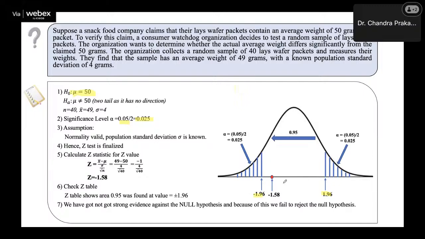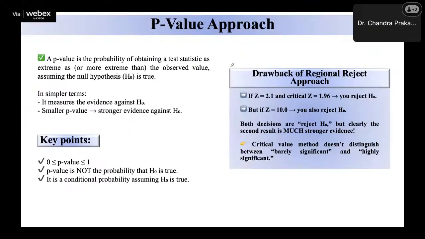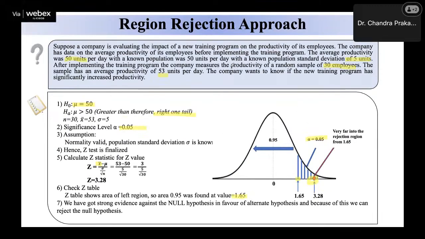So we do not have strong evidence against the null hypothesis, and because of that, we fail to reject the null hypothesis. So this is the case of the rejection region.